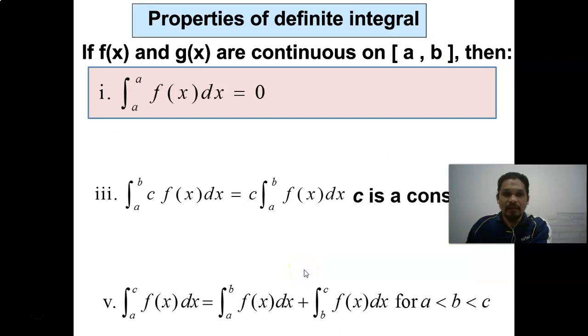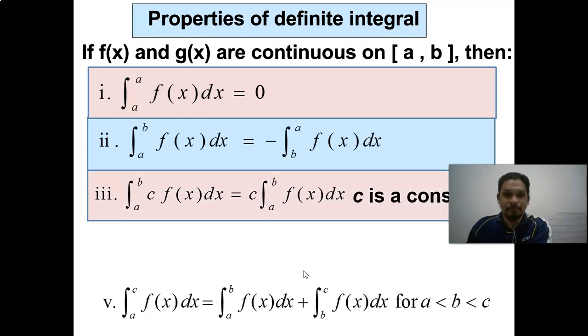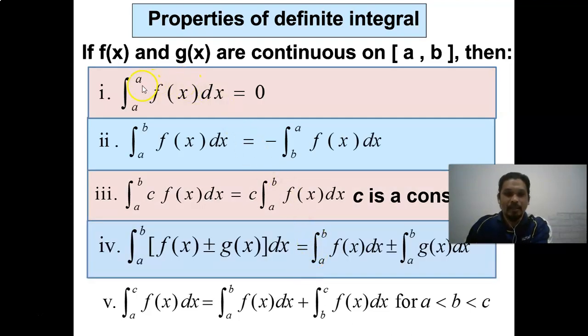Okay, if f(x) and g(x) are continuous on a and b, if the value of x is from a until a, then it's 0 here. So the integral of f(x) dx from a to b, if we change the position, meaning we substitute from b to a, then we come up with a negative, as you can see here.